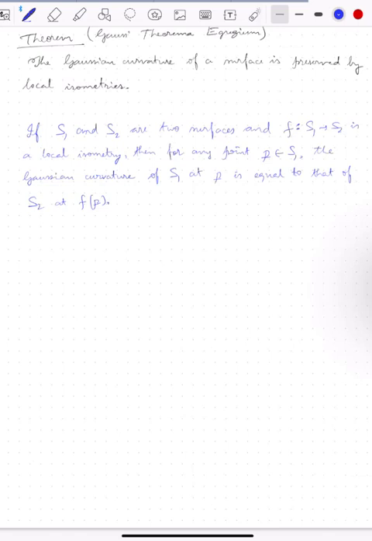And this theorem is sometimes expressed by saying that the Gaussian curvature is an intrinsic property of a surface.